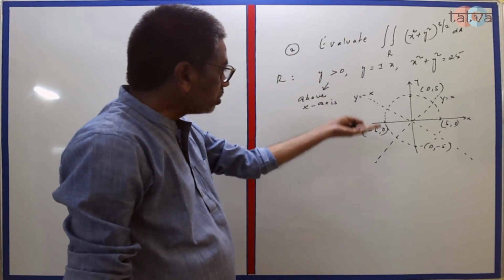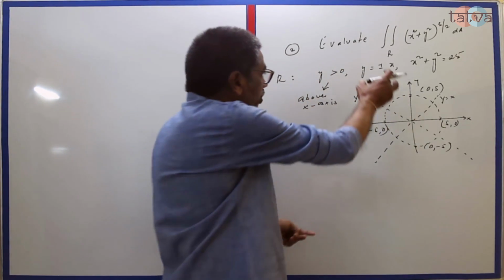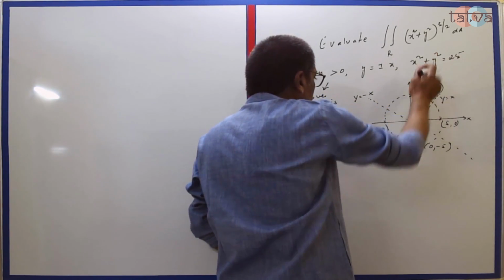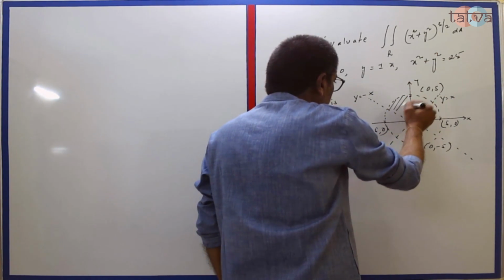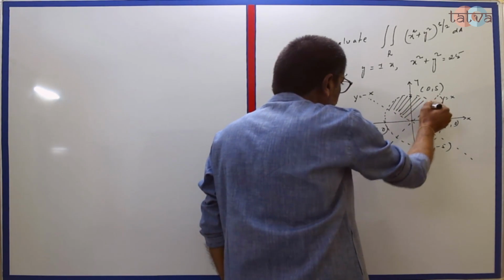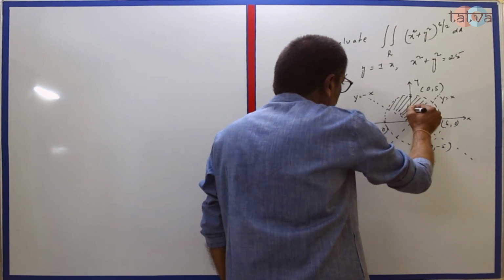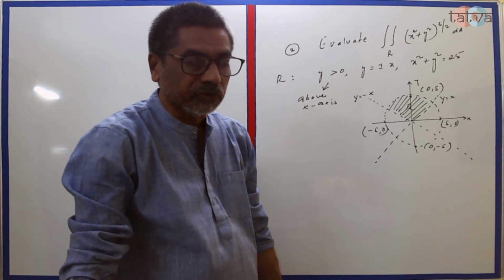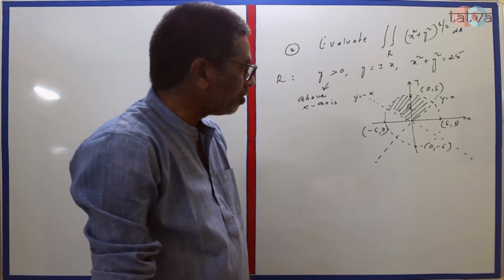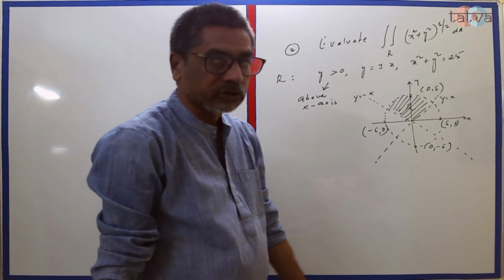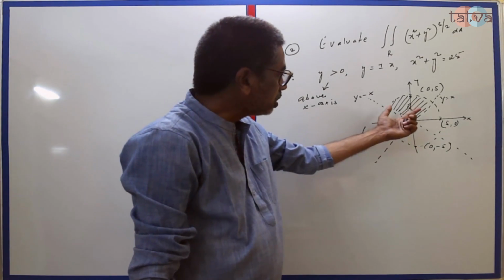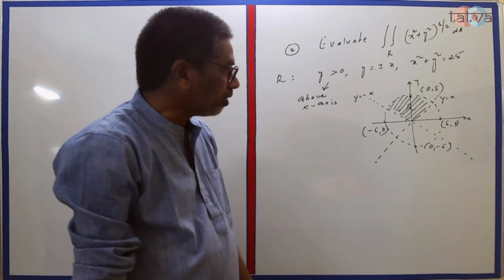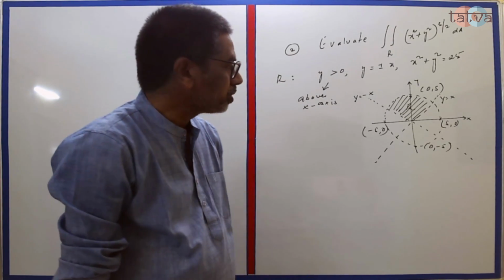The region above the x-axis between these two lines and the circle, which means it has to be this sector. In fact, if you know the fundamentals of two-dimensional Euclidean geometry, this is nothing but a quadrant of a circle, 1/4 of the total region.